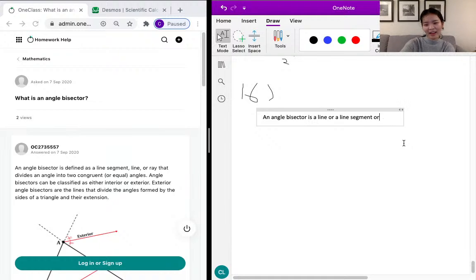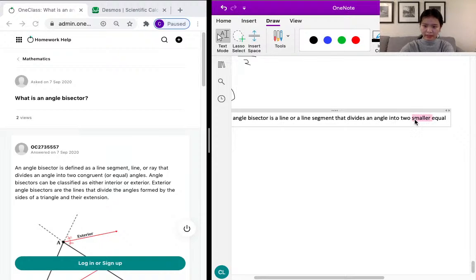I think you can call it ray, but I don't know why, it just annoys me kind of. So I'll just call it a line or a line segment that divides an angle into two equal angles. Obviously if a line divides an angle into two parts, the two angles are going to be smaller.